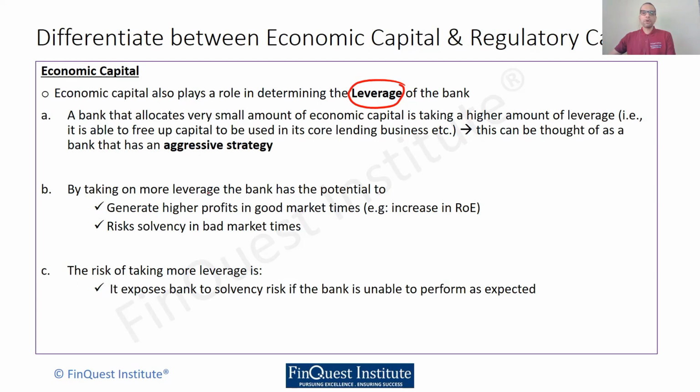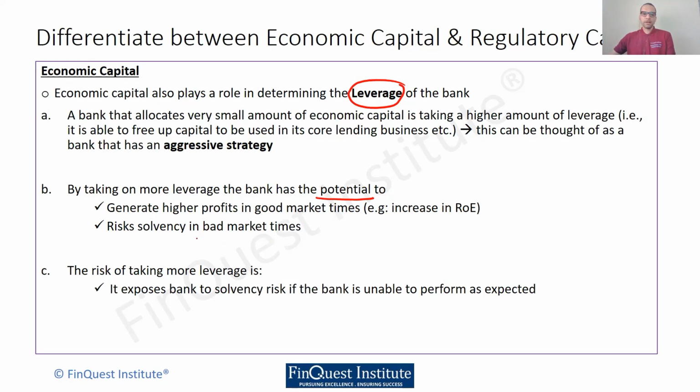So by taking more leverage, the bank naturally has a potential to generate higher profit. Now, again, the word potential becomes important. There's no guarantee on generating high profits, because if the bank is able to do good business through this excess amount of capital which is getting freed up, then yes, naturally it will stand to gain better and it will be able to generate higher profits.